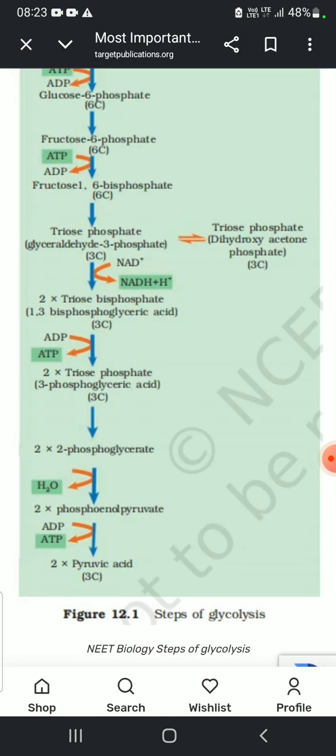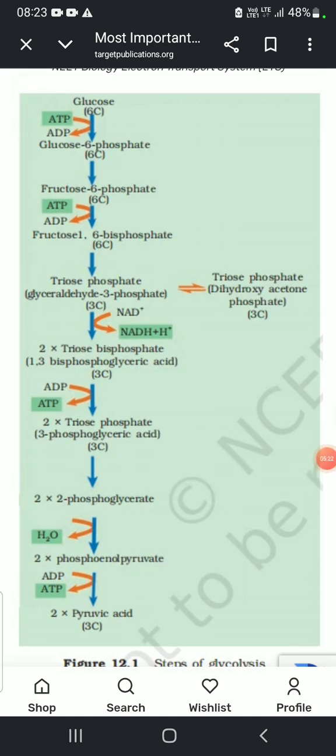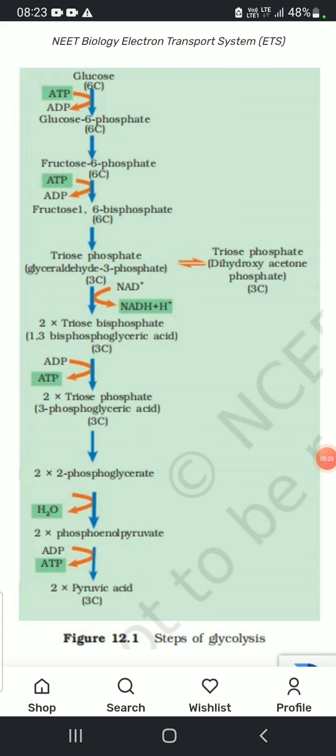And then the net ATP synthesis in this process. To calculate it, we can see that two ATP molecules are utilized, and here 2 plus 2, 4 ATP molecules are formed. And 2 NADH are formed, which release 3 ATPs each.